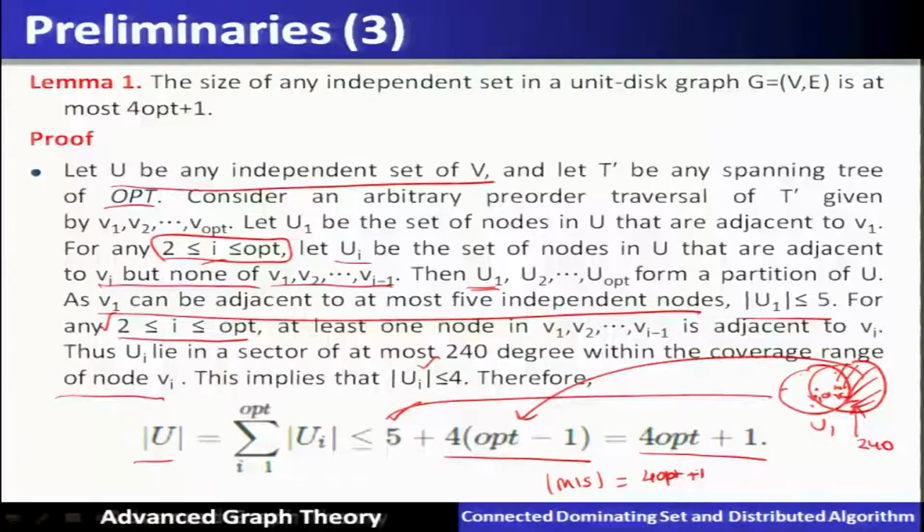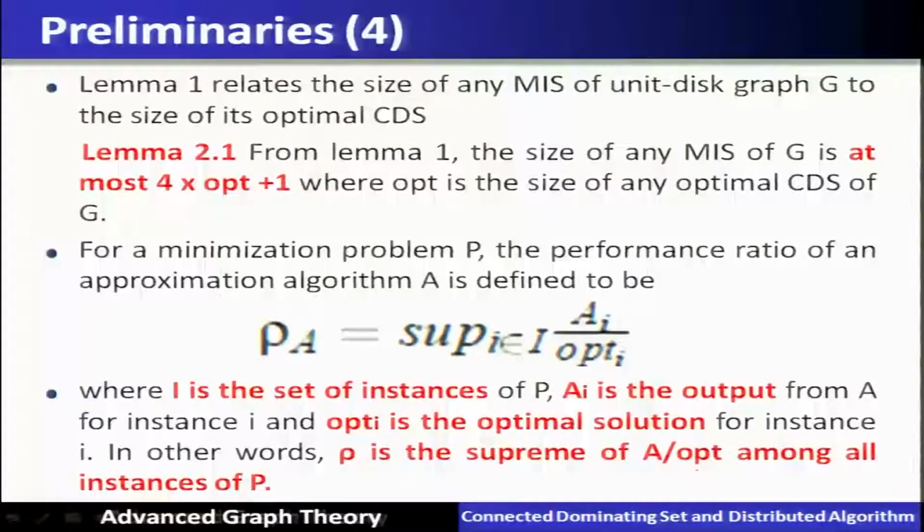Having proved this particular lemma, we will see that the algorithm which we are going to discuss requires at most 4 opt plus 1, the size of the MIS.